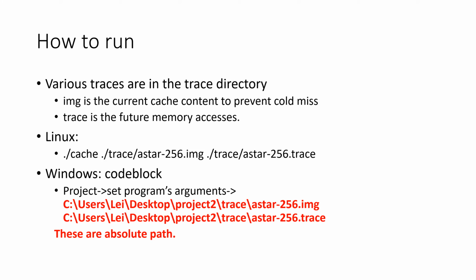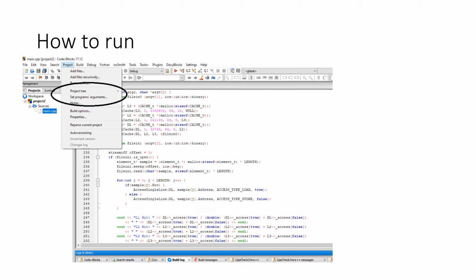So you can run the code by providing the file and running the application, debugging the application from the IDE. I will show you how to do that. You can click this button and set the arguments.